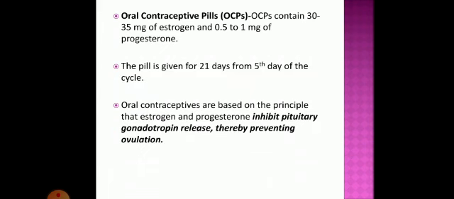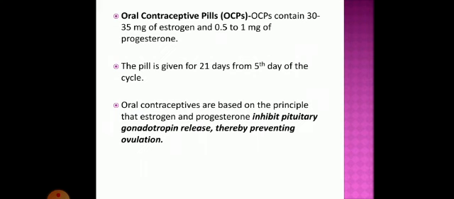If we go into the detail, the OCPs contain 30 to 35 micrograms of estrogen and 0.5 to 1 milligram of progesterone. The pill is given for 21 days from the 5th day of the cycle, that's immediately after the bleeding phase ends.